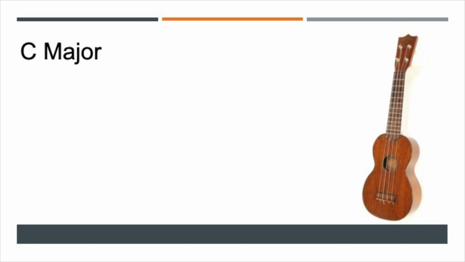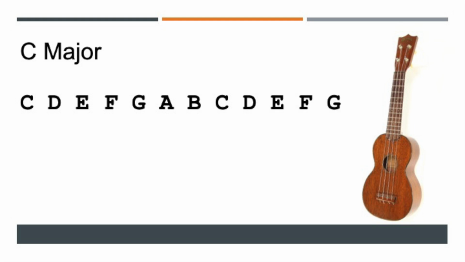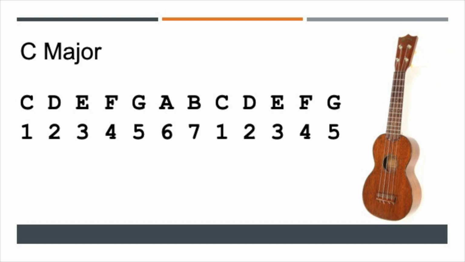Firstly, if we were to write out the scale degree notes of the C major scale from C to C, and then also add D, E, F and G again afterwards, and then we number the scale degrees accordingly, 1, 2, 3, 4, 5, 6, 7, 1, 2, 3, 4, 5.